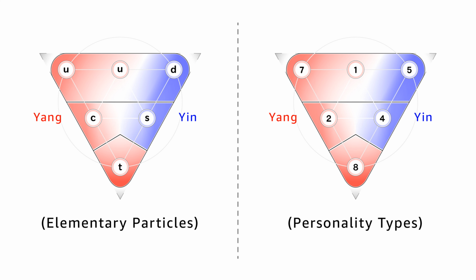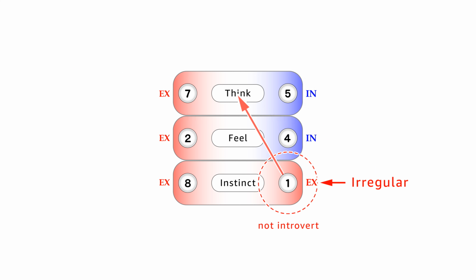In addition to C symmetry, P symmetry, which is the left-right symmetry, is also violated in both elementary particles and personality types. In the case of personality types, geometrically, the relationship of left and right in the instinctive center is violated by point 1. This figure was discussed in Chapter 1, Section 1.